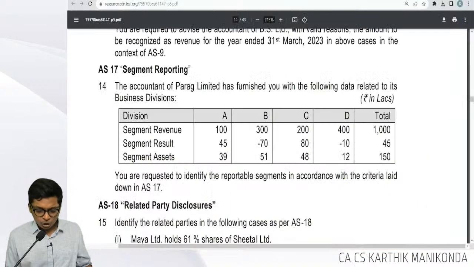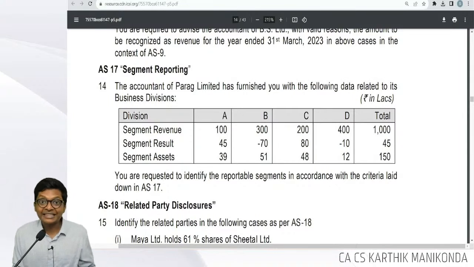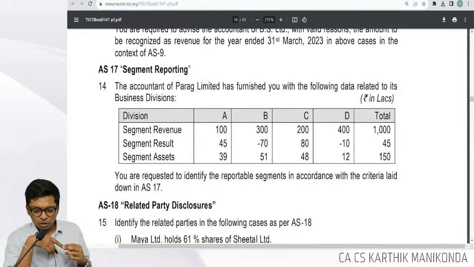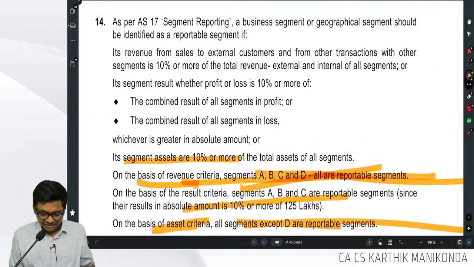Result test, like I told you, take total of profits. What's the total of profit? 45 plus 45 plus 80. 90 plus 80, 160, 170 is my total of profit. Total of loss is 80, 70 plus 10. So my total of loss is 190 plus 170, 170, 10%. Anything which crosses 17, everything except D crosses 17.